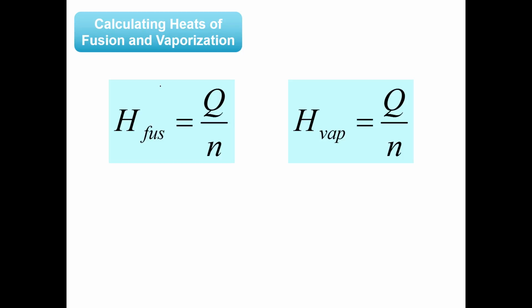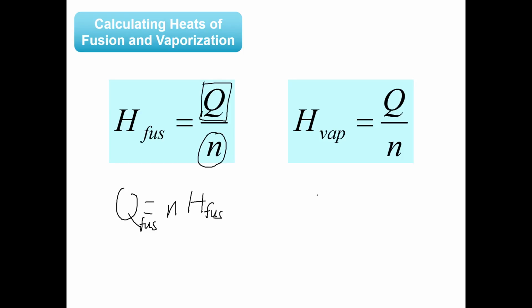And to calculate the heat of fusion or heat of vaporization, or I should really say calculate the energy required to convert, the heat of fusion is the energy required to freeze a substance divided by the number of moles being frozen. The one you probably see more, also very common, is the energy of fusion equal to the number of moles times the heat of fusion.